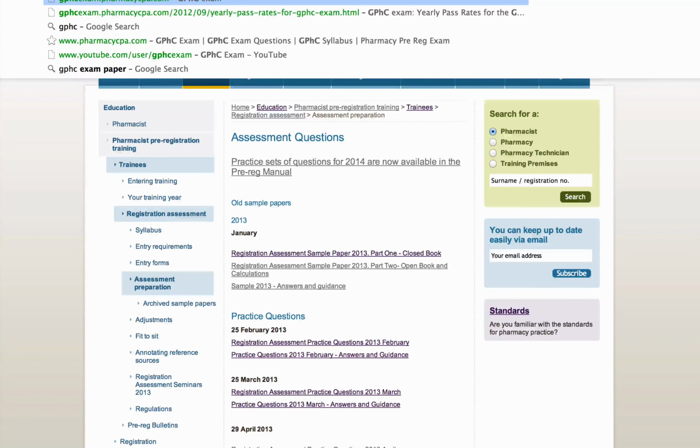Also, all patients have the right to complain to the NHS, and they need to know what your GPhC number is. So you need to have your responsible pharmacist certificate on show at any time. And that's it, really. It is error management and associated complaints and the national systems in place.